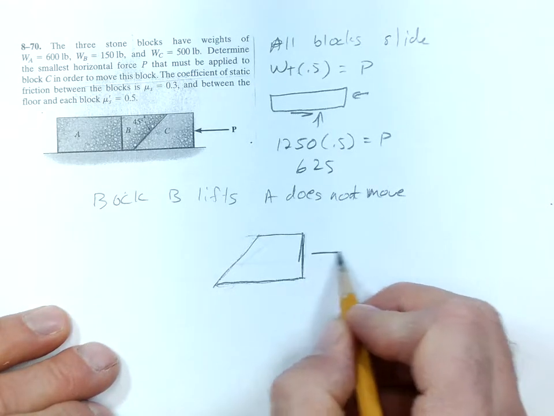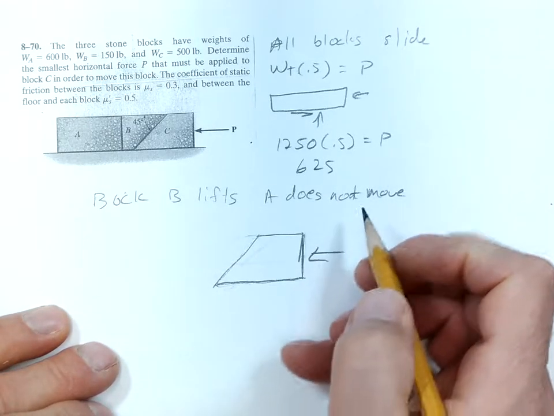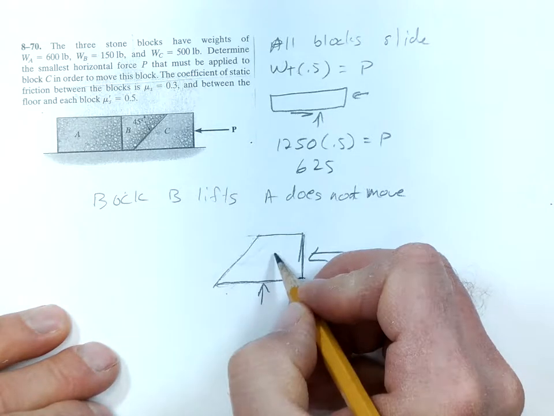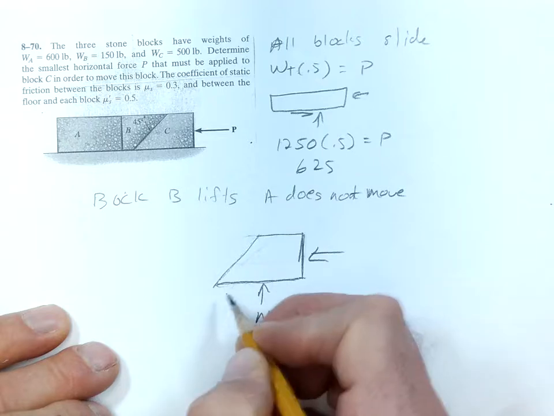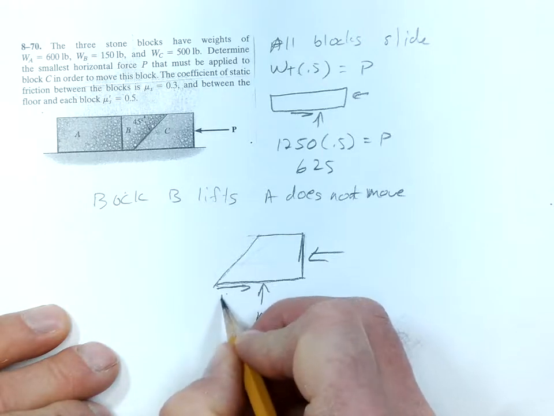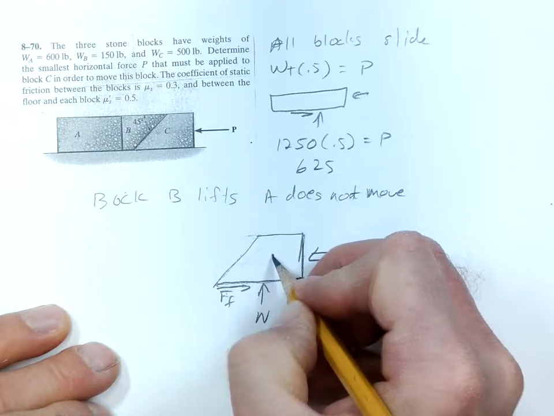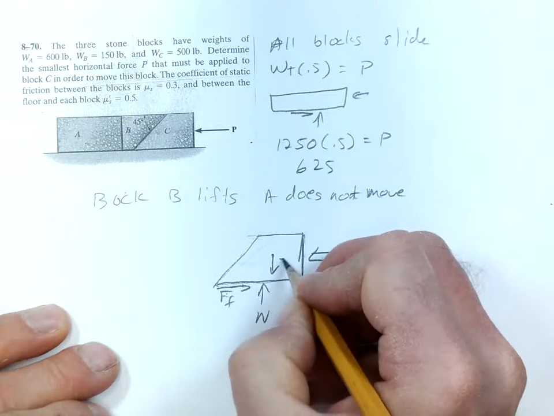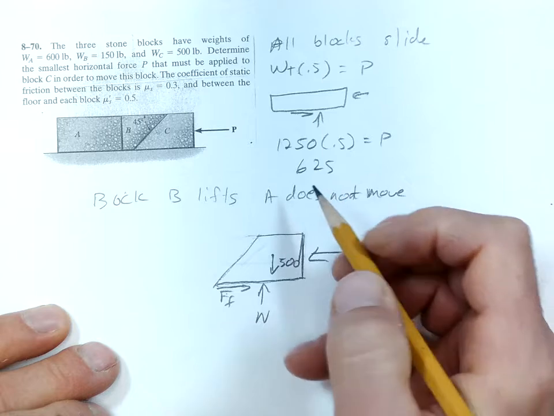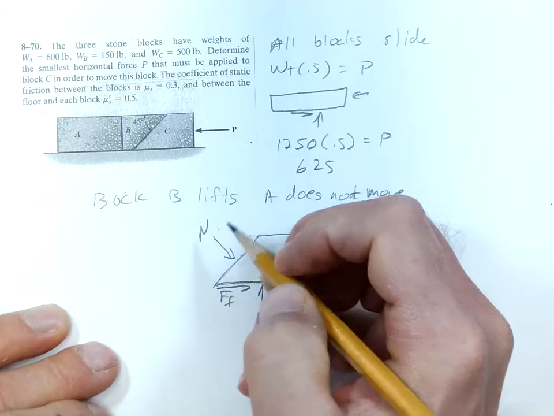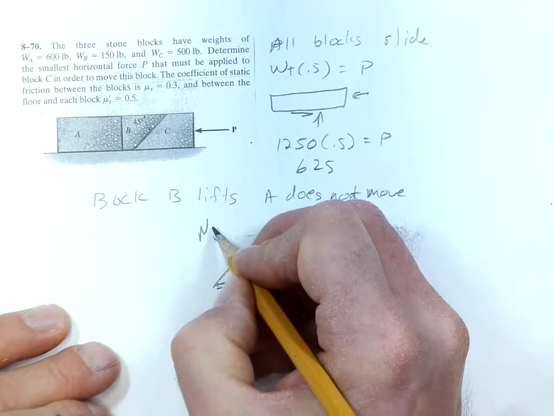Okay, so we got P on the end. We got a normal here. We got a force of friction. We got 500 down. We have a normal here. Call that NC.